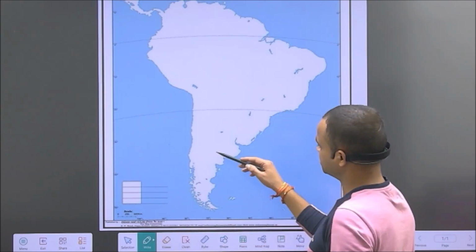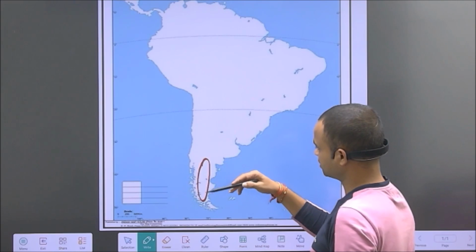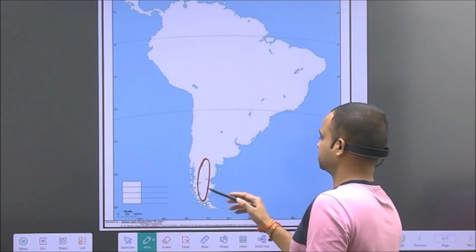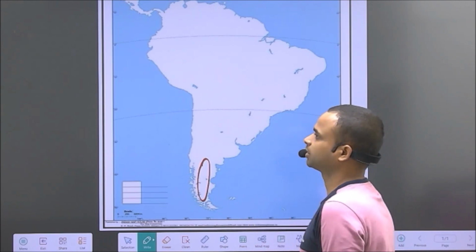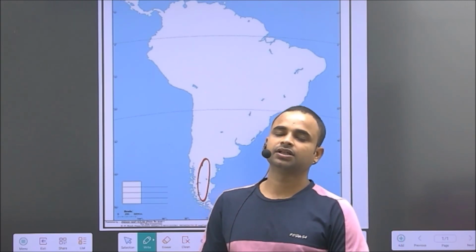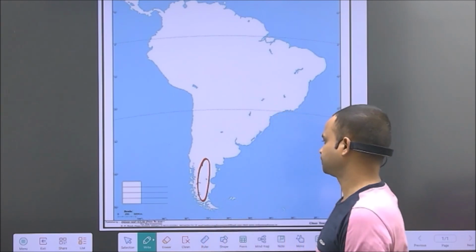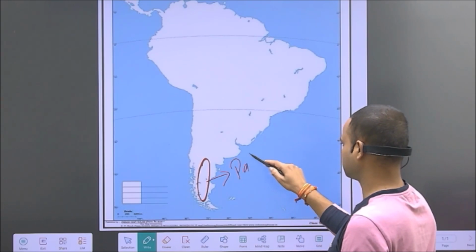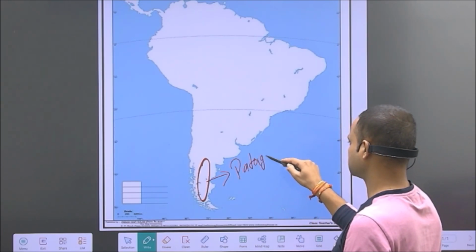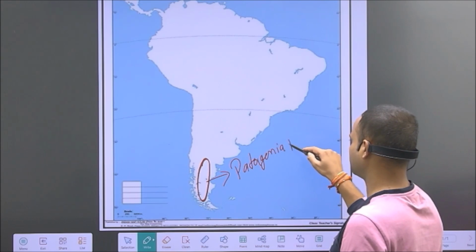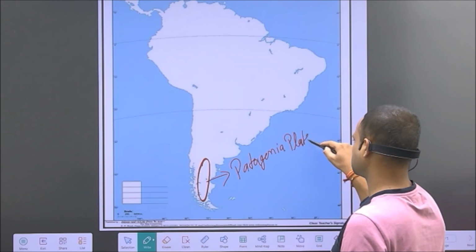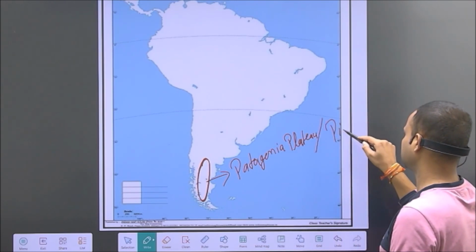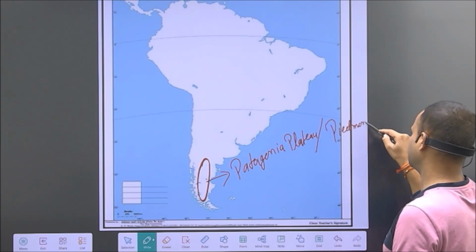Now we will discuss this place called the Patagonia Plateau, and the Patagonia Plateau is also called the Piedmont Plateau.